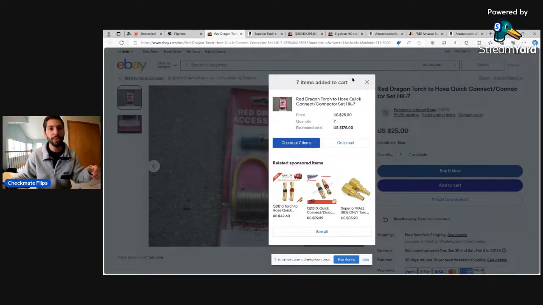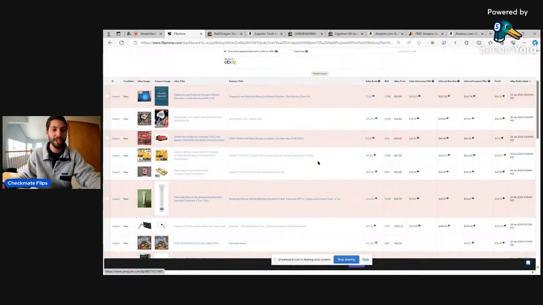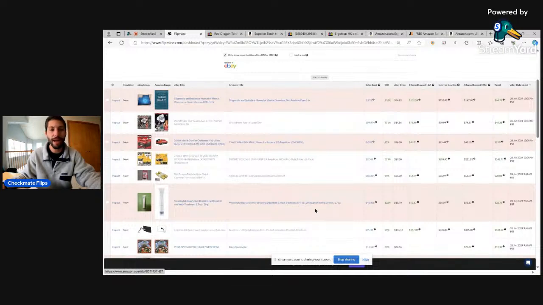a funny thing too is once you get good at sourcing Flipmine like this, you can tell I'm not that excited. It's a good deal and it's a buy, but once you get good at this, you'll find $140 profits or $20 profits or $35 profits, and you'll be able to find them on a regular basis.